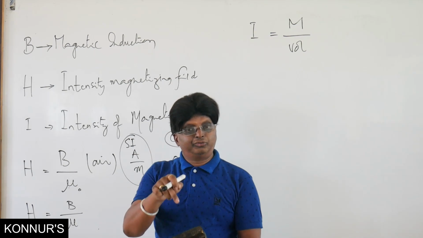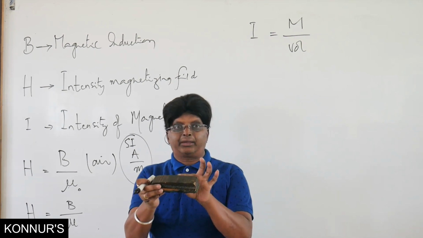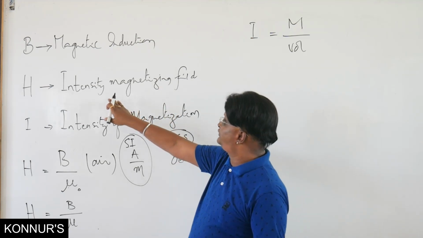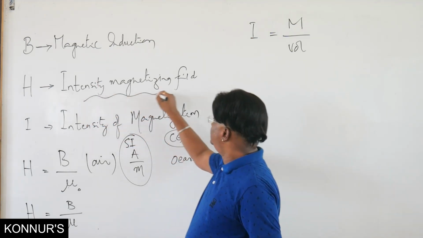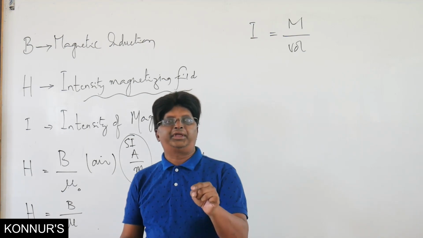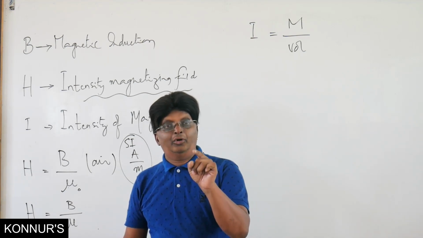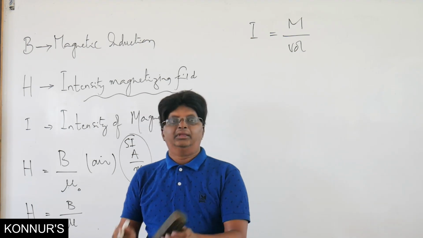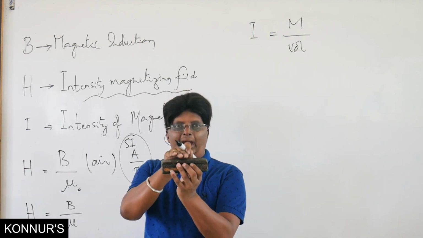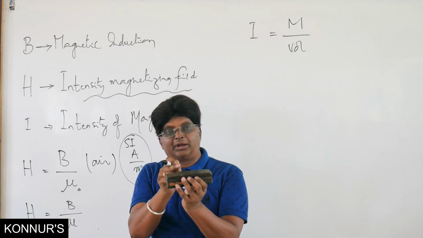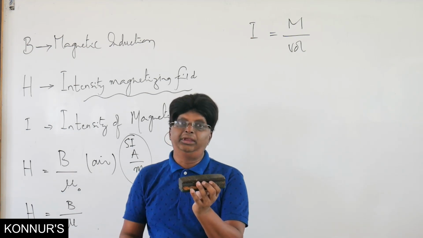The agency used to make this magnet, the process of magnetization, is called the intensity of magnetizing field. So whenever we use capital H, the consequence is that the material starts becoming a magnet.